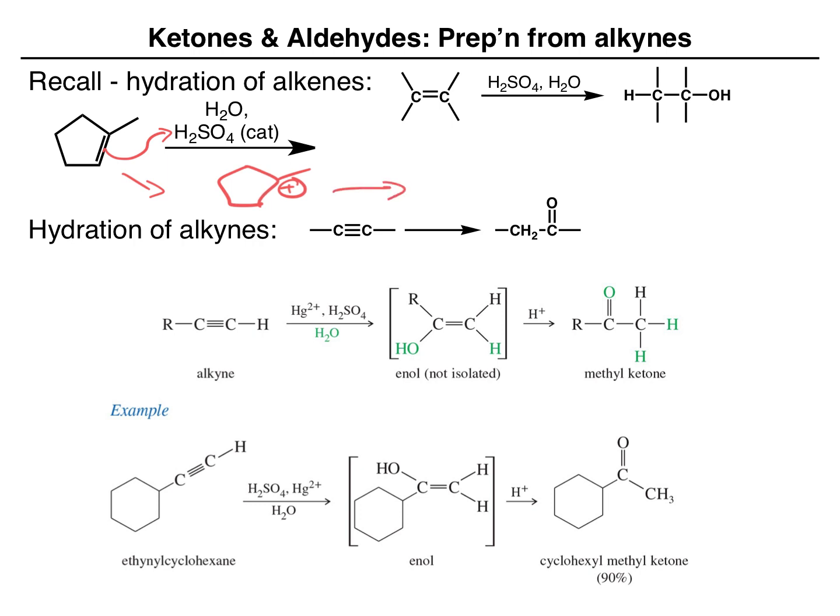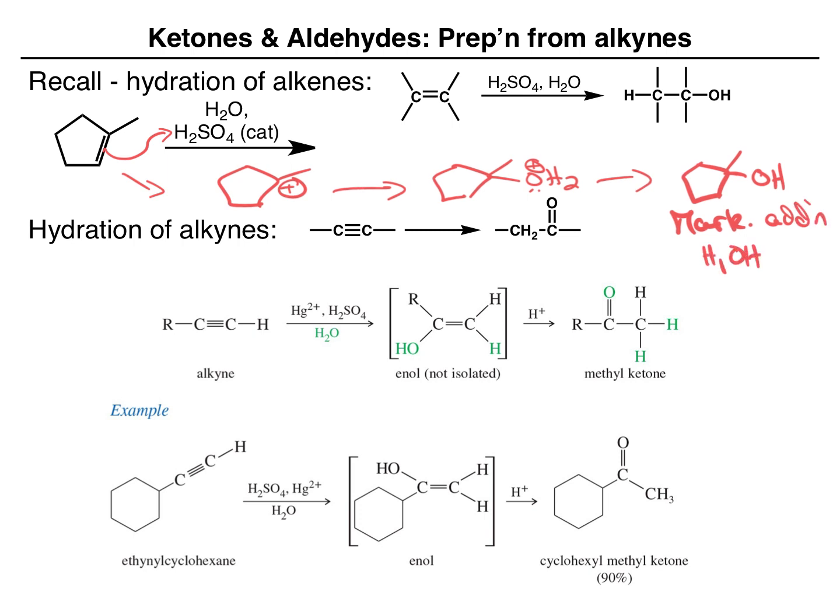And then water will add, and then proton transfer will give us this product. In other words, acid-catalyzed hydration gives us Markovnikov addition of H and OH across the double bond.